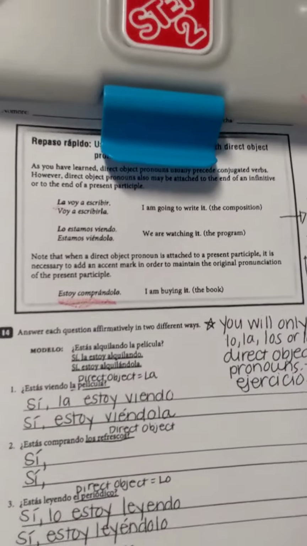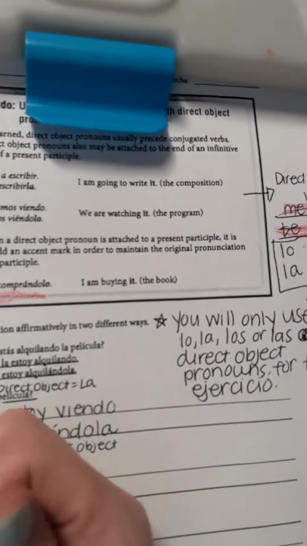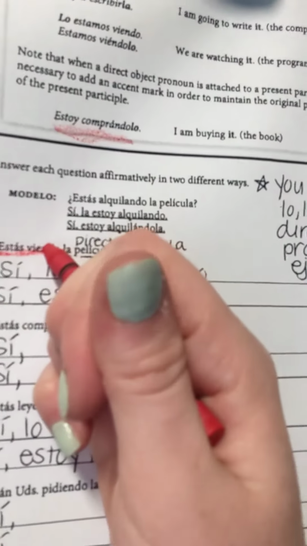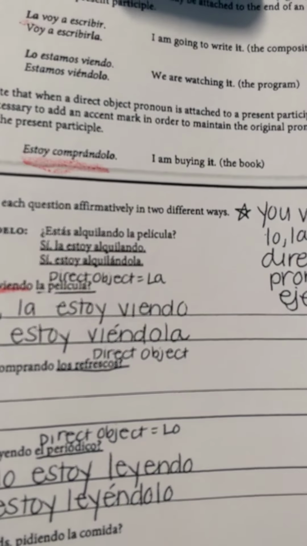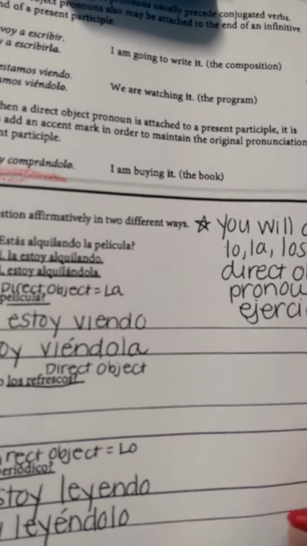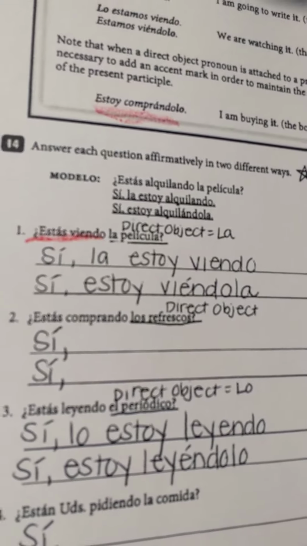It's probably right. So taking a look here, amigos, remember that our form of estar and our present participle, okay, they can't be broken up. They're kind of like peanut butter and jelly. Got it? What we need to decide here is what the direct object pronoun should be, okay? And we can tell that based on the sentence, as well as the position of it.